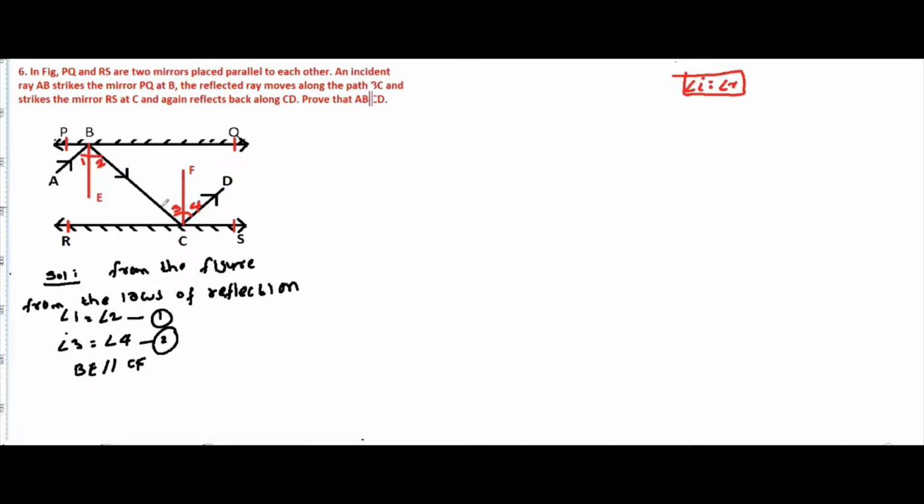BC is a transversal line, and automatically angle 2 and angle 3 are alternate angles. These two alternate angles are always equal.